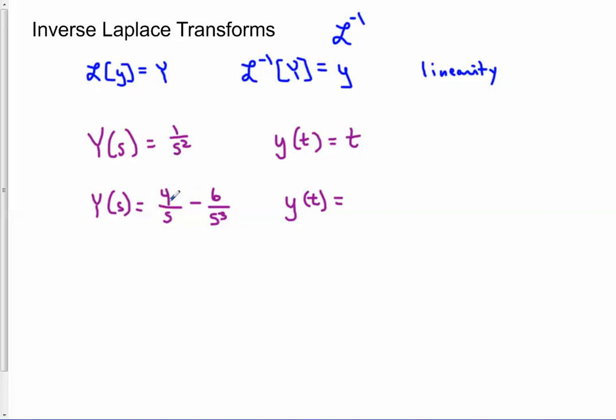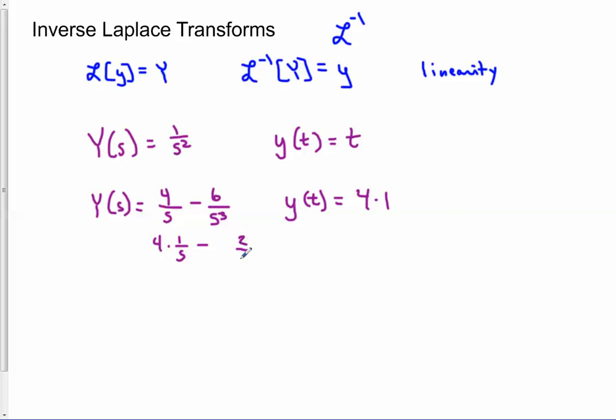Well, 4 over s. We know 1 over s is the Laplace transform of 1. So 4 over s would be the Laplace transform of 4 times 1. I'll put times 1 here just so it's clear. Now, 6 over s cubed. We look on our table and we know 2 over s cubed.